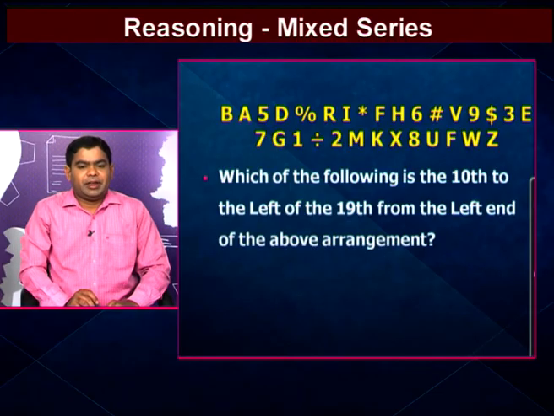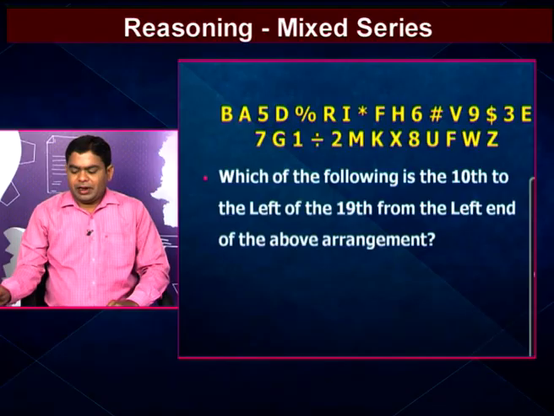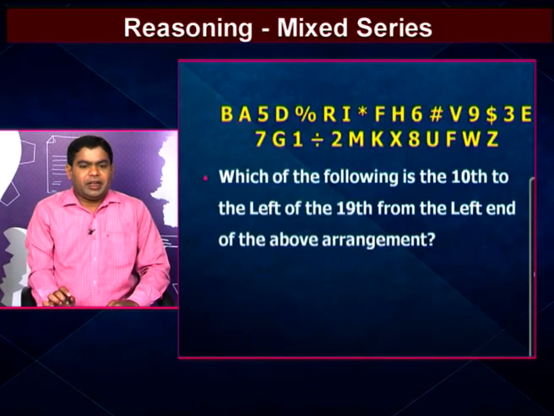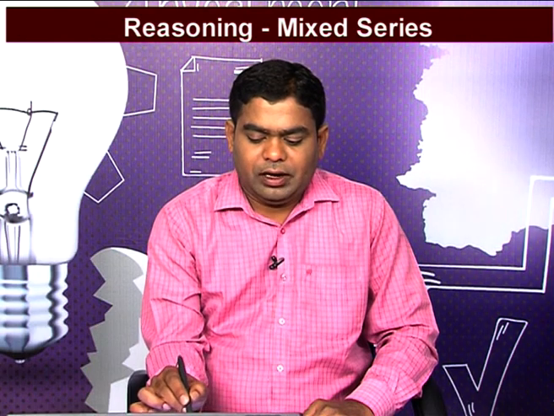Which of the following is the 10th to the left of the 19th from the left end of the given arrangement? Here in the question both left directions are given, so we subtract the given numbers. The 10th left is given and the 19th left is given.